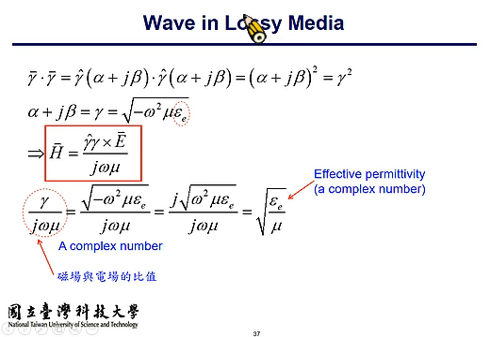So everything else, that is gamma over j omega mu, stands for what? Stands for the ratio of E over H or H over E. Well, it stands for H over E. So if you substitute gamma with this representation and compare with the denominator, you find the omega squared term goes away, the j term goes away as well, and you end up with square root of epsilon effective permittivity over mu.